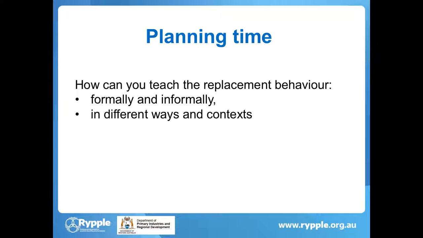So you should have had time to plan how you can teach the replacement behaviour formally in direct lessons and informally with lots of reinforcement and incidental teaching, but also in different ways and in different contexts so that the kid learns to use that new replacement behaviour not just in this one setting but in lots of different settings so they can be more successful at getting their needs met in a variety of settings.